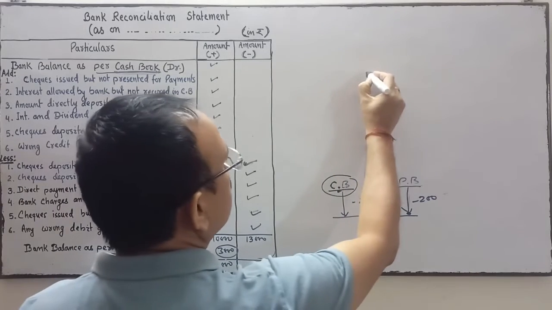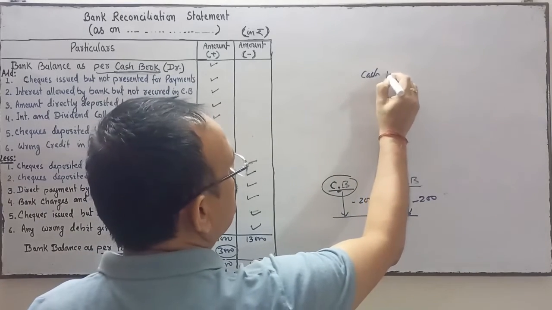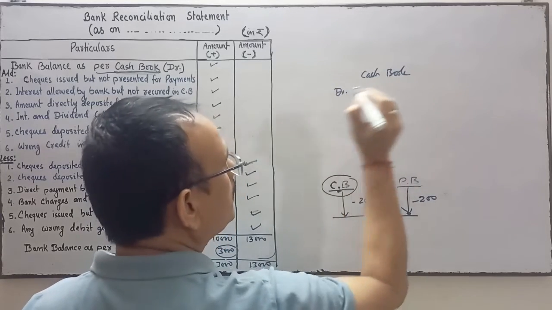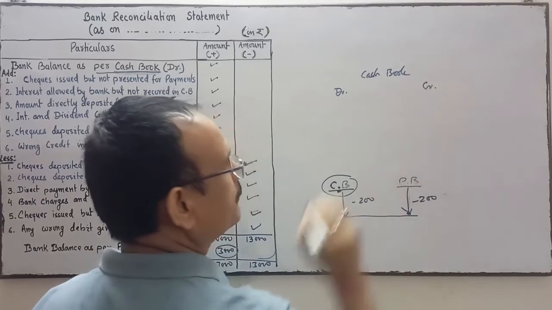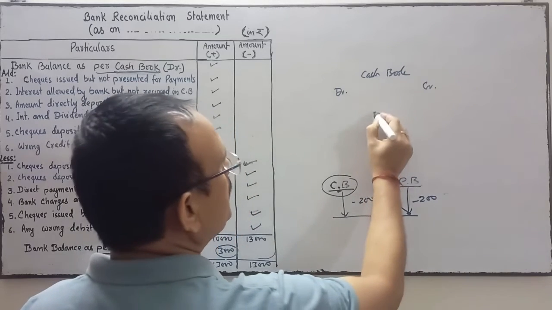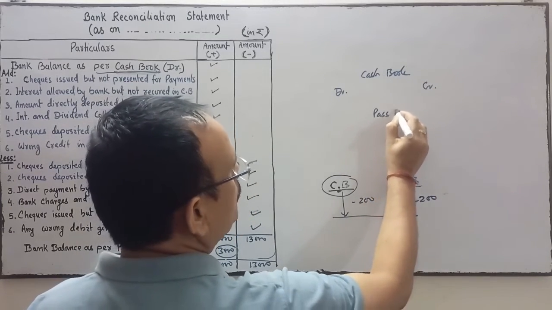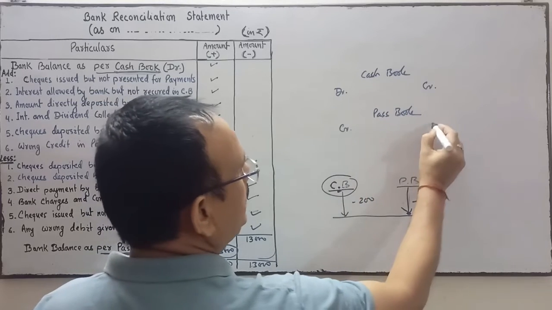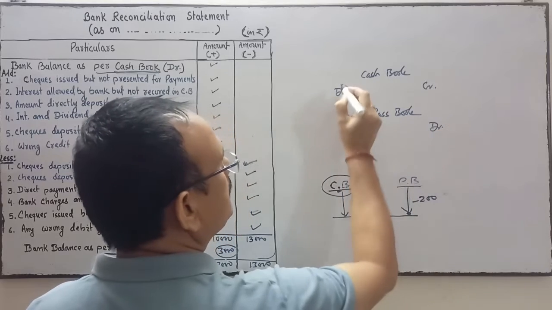In the cash book, debit is favorable, credit is overdraft. But in the passbook, it's opposite. Credit is favorable and debit is overdraft.